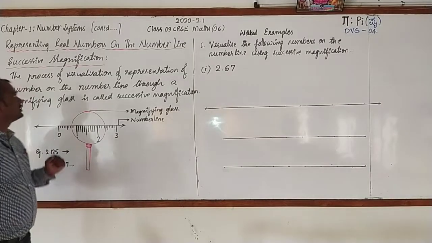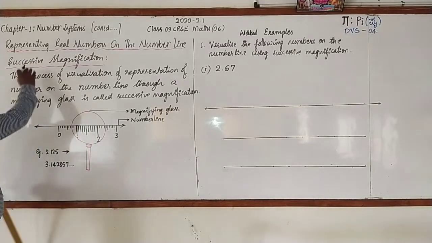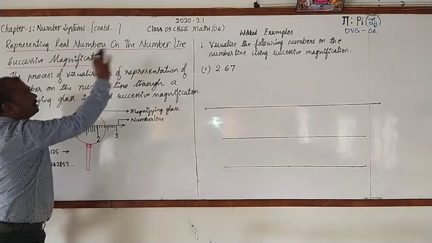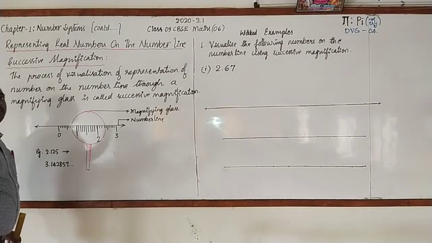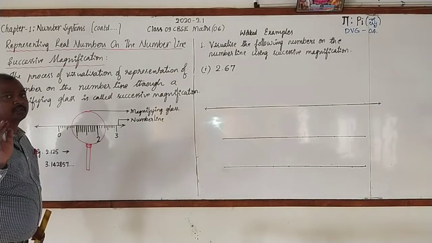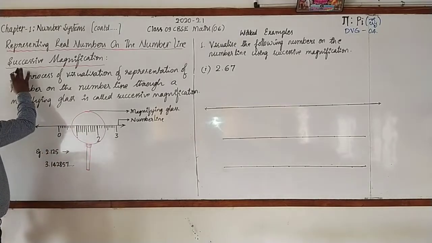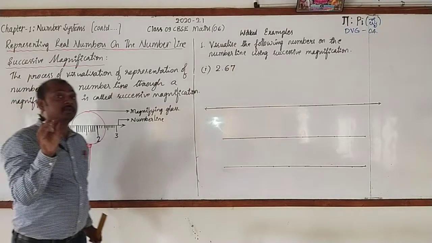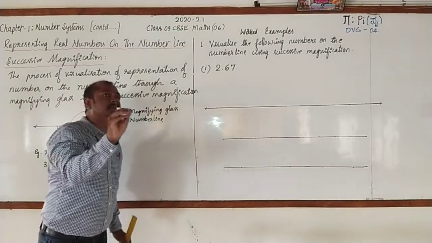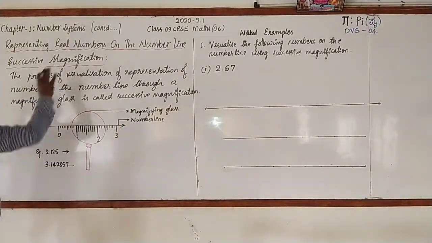Yes, dear students, observe here. I have written the heading: representing real numbers on the number line. So you have to write this later. Now, without fail, you have to listen to my words carefully. The method that we are going to use to represent decimal numbers on the number line is successive magnification.